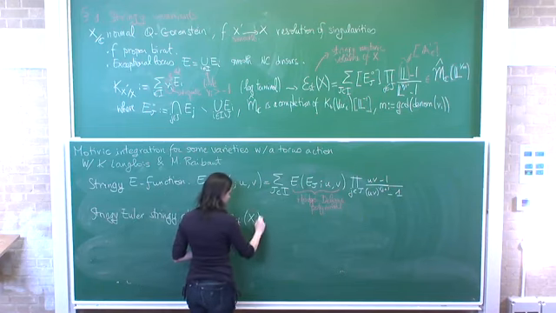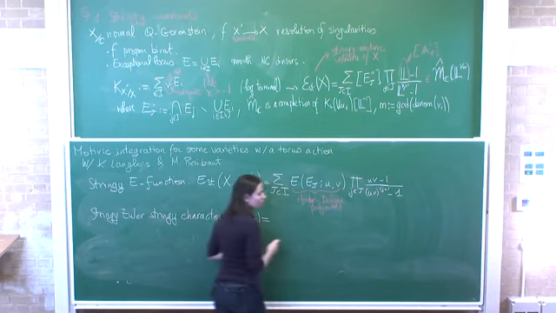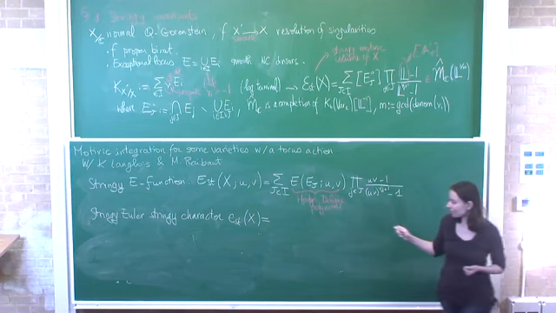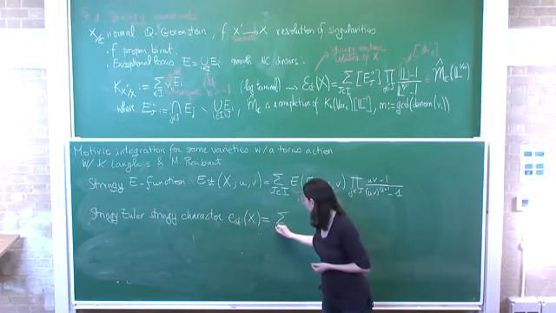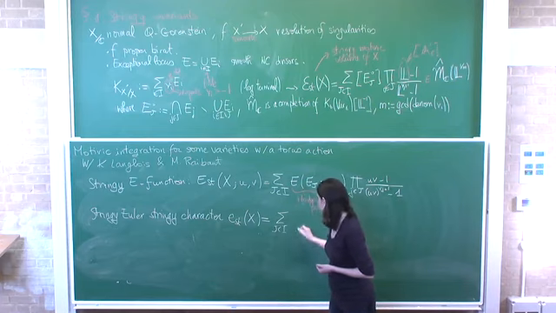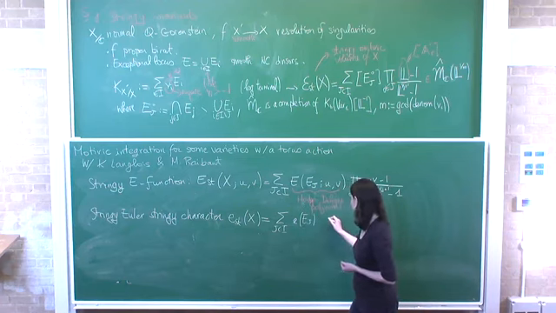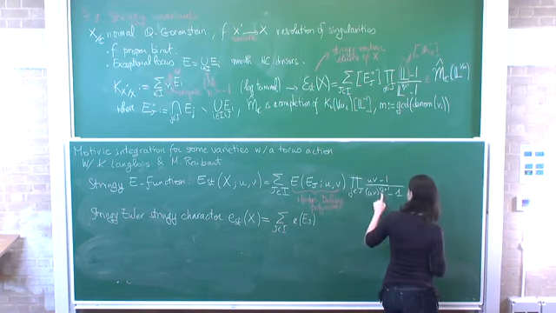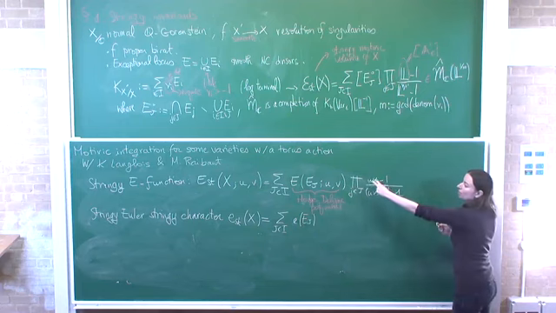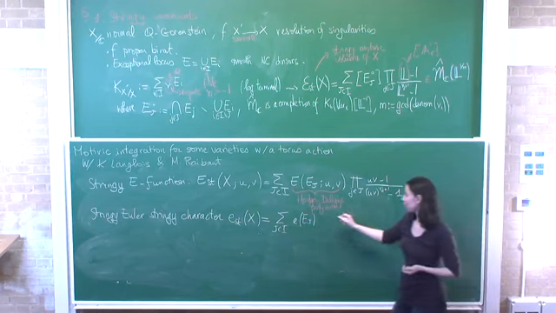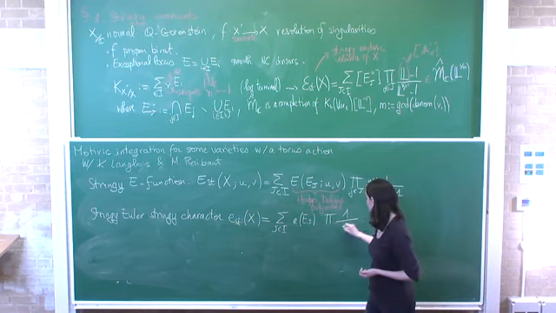So I take the sum again over all the subsets of I, the Euler characteristic of this, and then if I formally replace u and v by 1, this gives me a product of 1 over u_j plus 1.